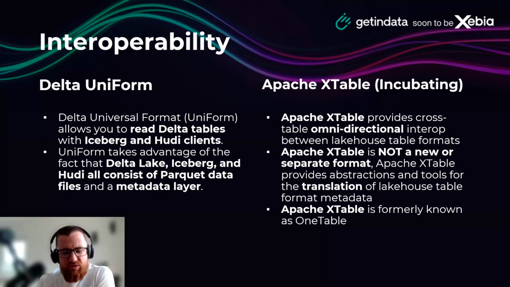The first concept that was proposed was Delta UniForm. That's part of the Delta Lake functionality. This is the functionality that allows you to read Delta tables as if they were Iceberg or Hudi tables. How does it work under the hood? You have one folder with data in Parquet files that doesn't change.